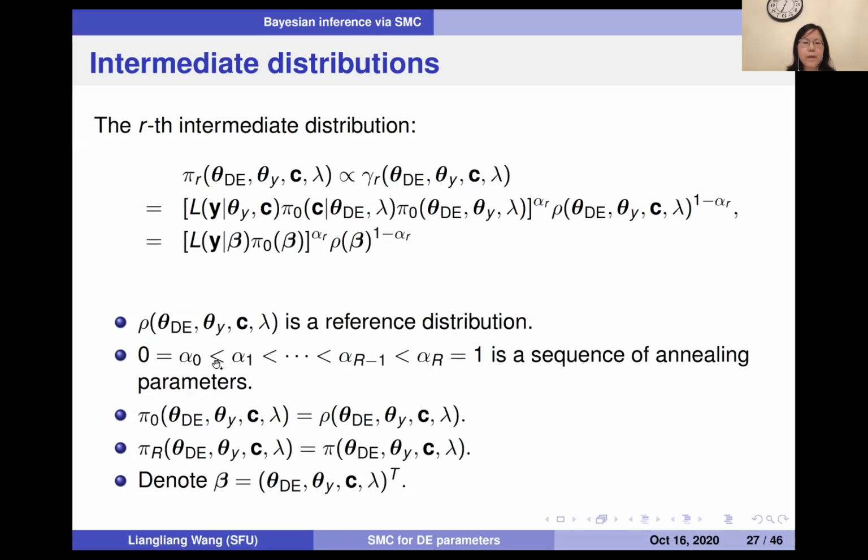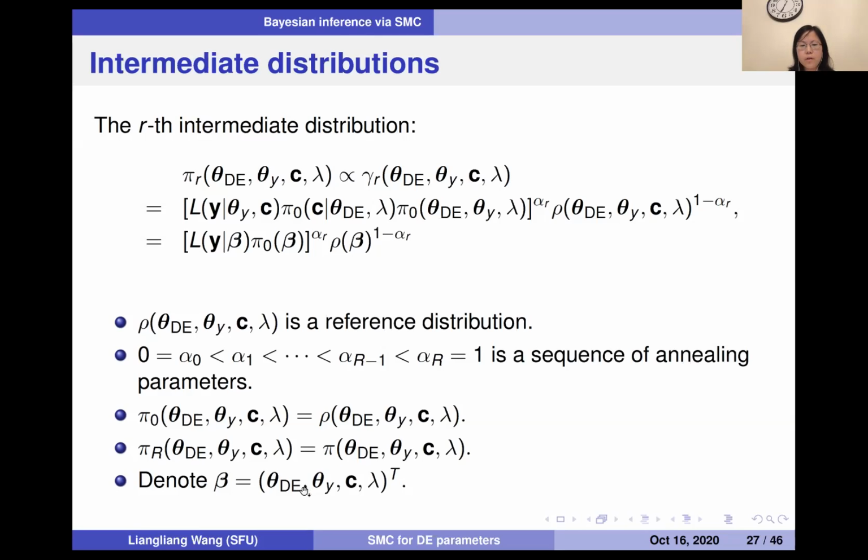When the annealing parameter is equal to 0, we have our reference distribution. So that's the first distribution. And the last distribution is when alpha is equal to capital R. This would be our target distribution, that's the posterior distribution.